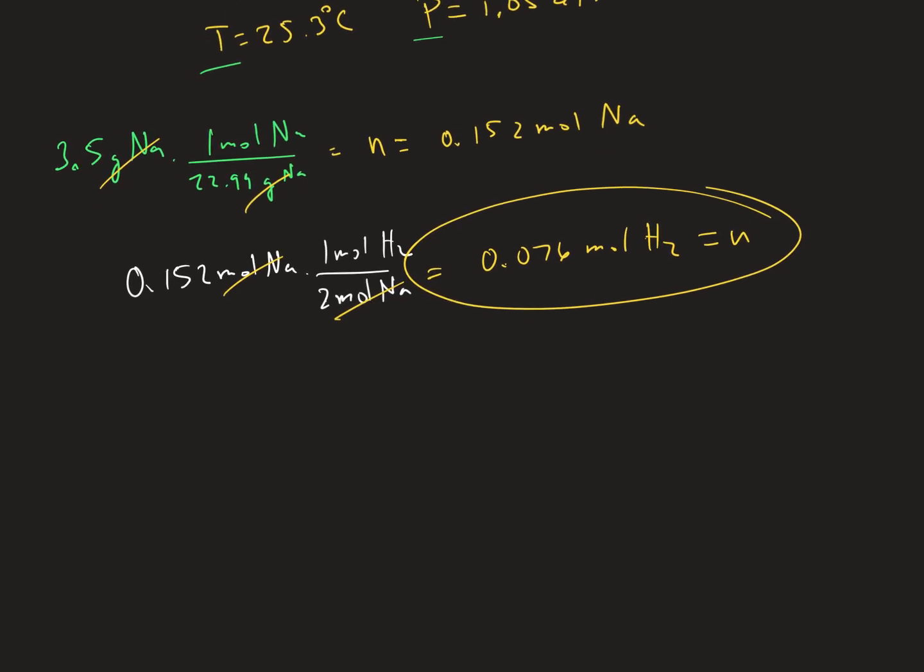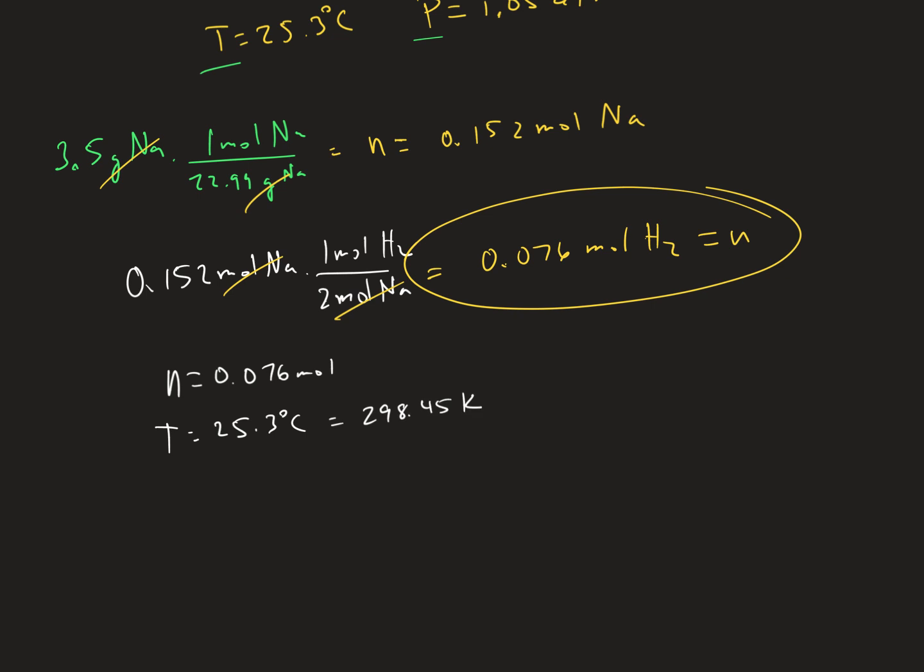So now we can rewrite this. We have N equals 0.076 moles. Temperature is 25.3 degrees Celsius, which is equal to what? 298.45 Kelvin.